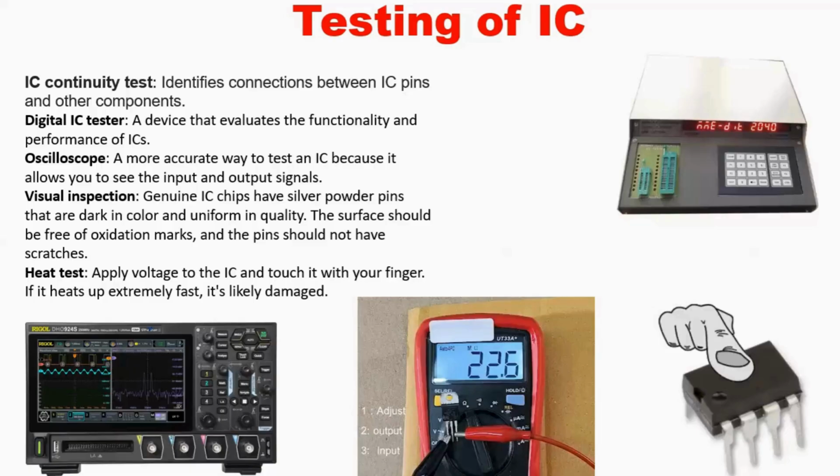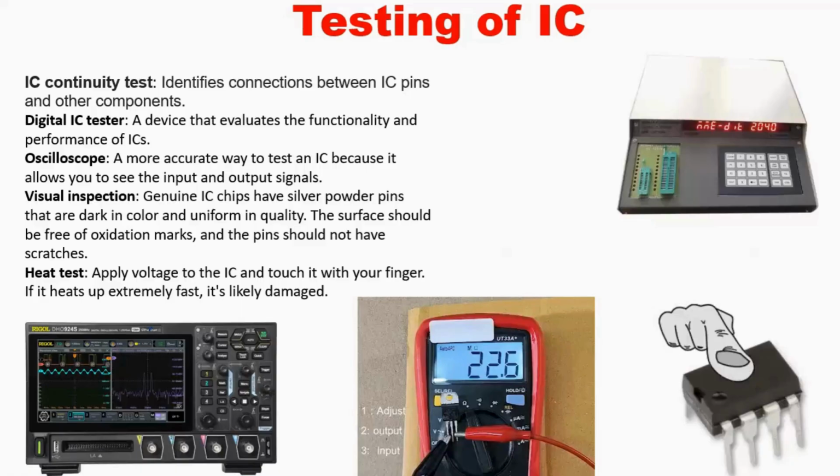Second important thing, you can just put your finger or your hand as shown in this picture, right? And you can see the amount of heat generated. If the heat is exuberant, that is more than expected, that immediately shows that the integrated circuit has failed. Third important point, with the help of an oscilloscope, you can check the input and output signal waveforms, what we are supposed to get from that integrated circuit.